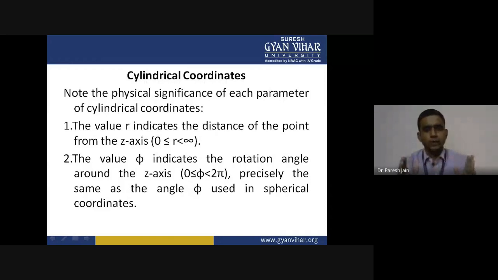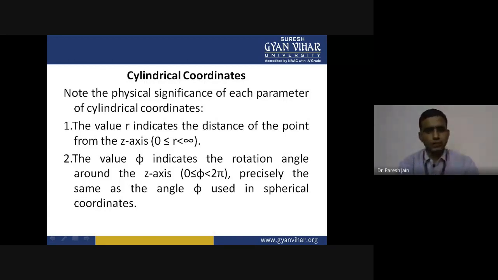The value of r indicates the distance of the point from the z-axis, equal to the boundary of the cylinder. So the value of z is varied from 0 to infinity. In case of a unit radius of the cylinder, r is 1.